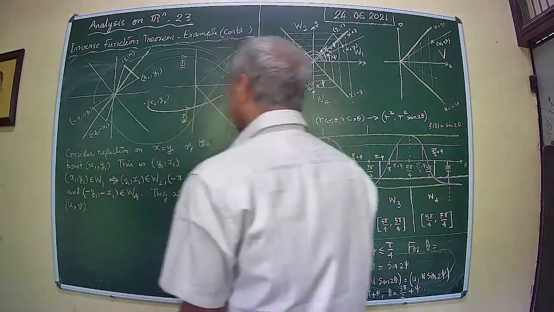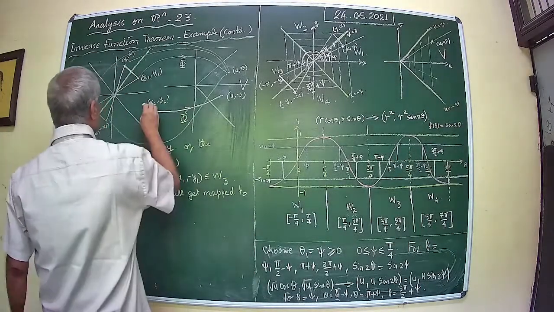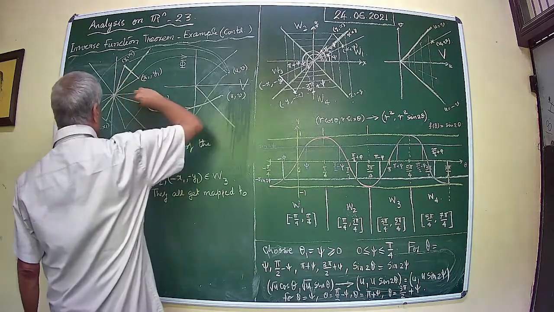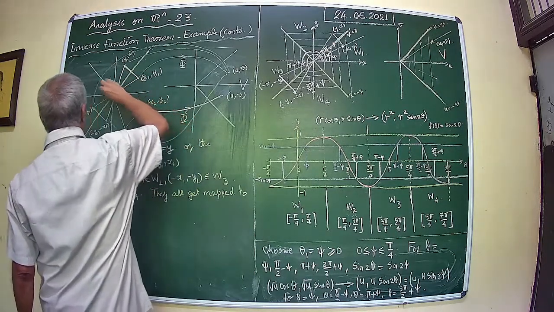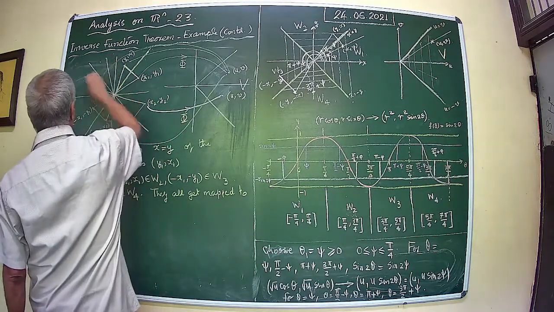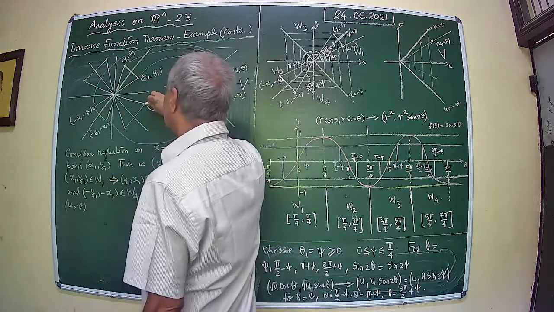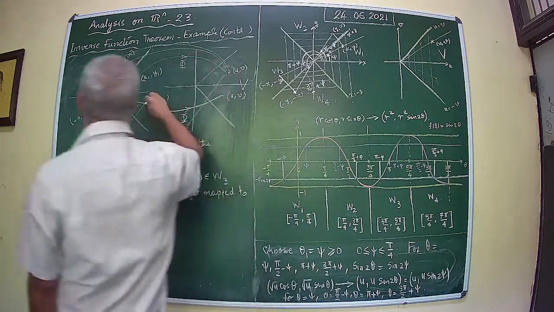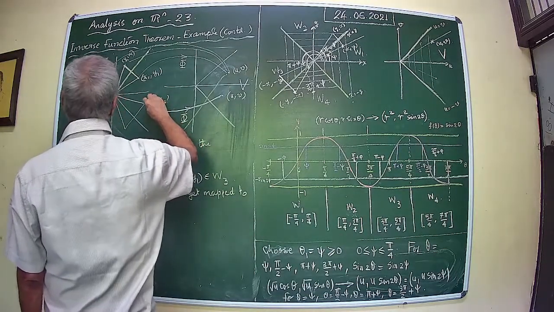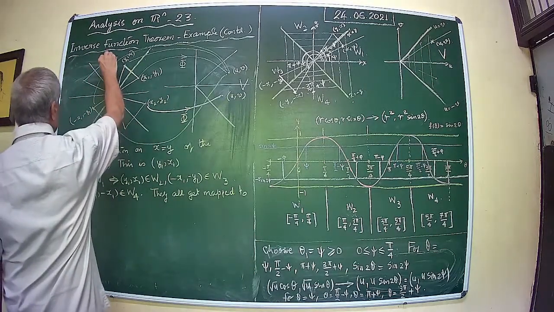And then you have the corresponding image points. What are the image points that you have? One image point is to take its reflection here. You see, this is in W1. Now, this is in W3, and this is in W2, and this is in W4.